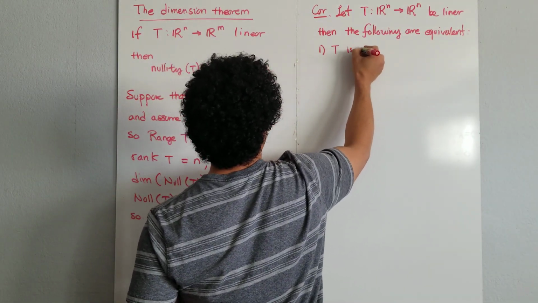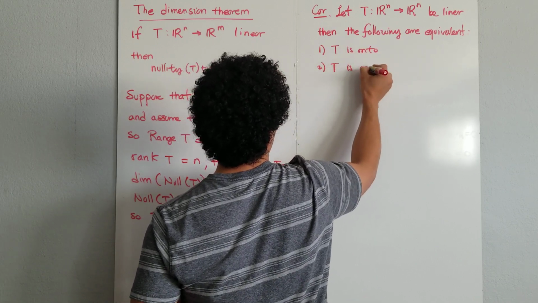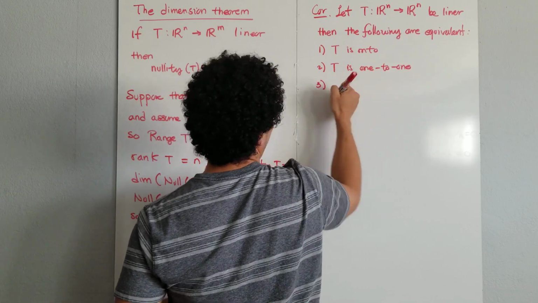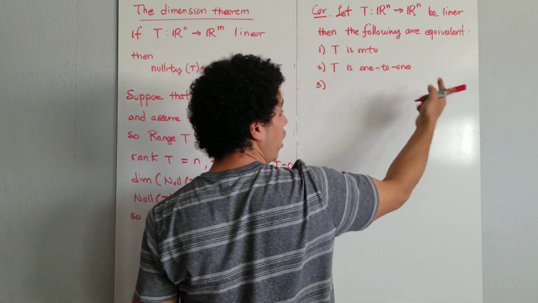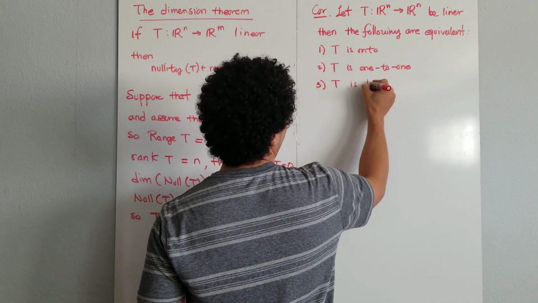T is onto. T is 1-to-1. But if these two are equivalent, then I can combine them and say T is bijective.